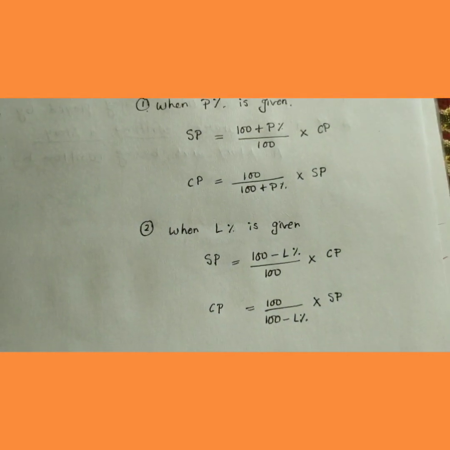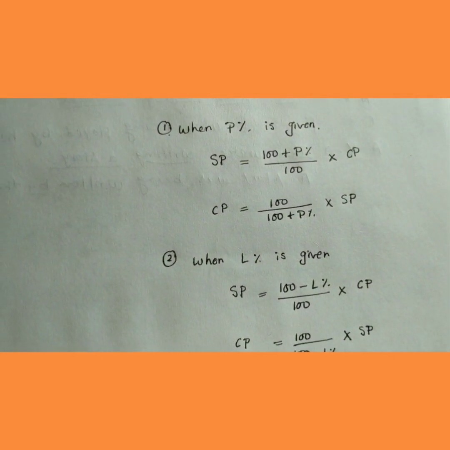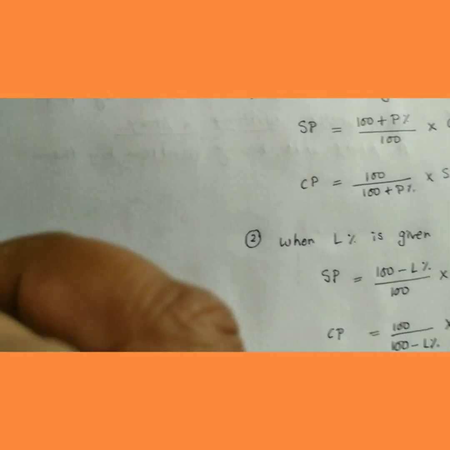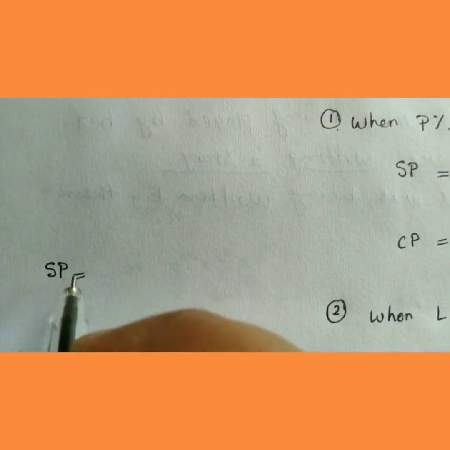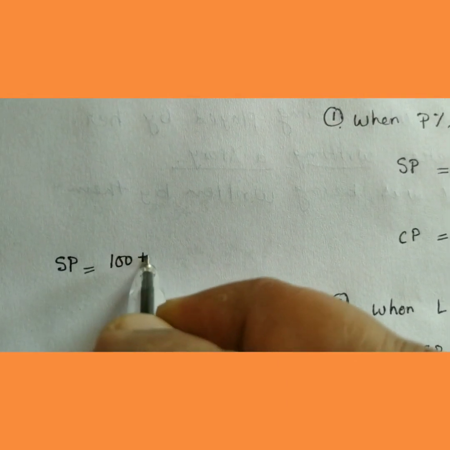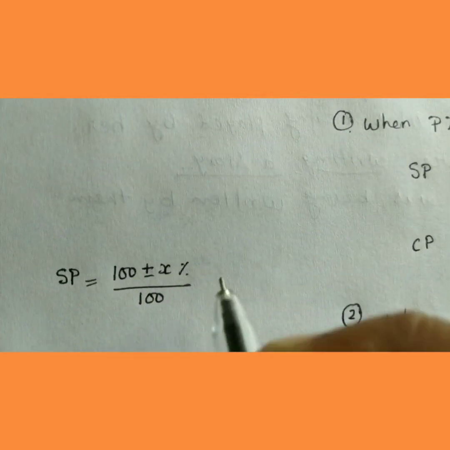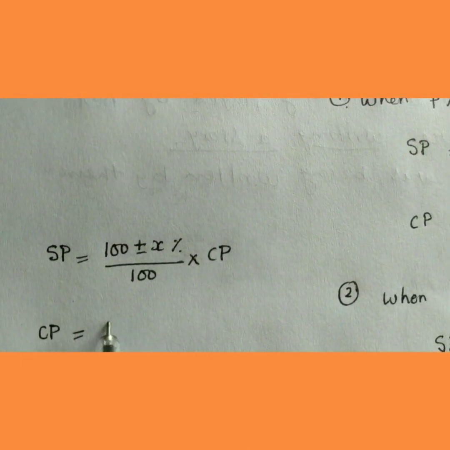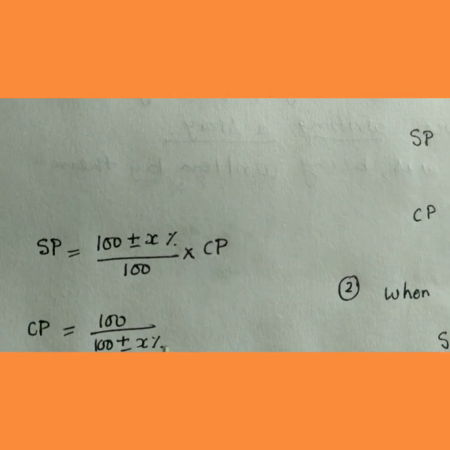You can also combine both the formulas. In both the cases, we have profit percent or loss percent. So we can also write selling price is equal to 100 plus minus X percent divided by 100 into CP, and CP is equal to 100 divided by 100 plus minus X percent into SP.